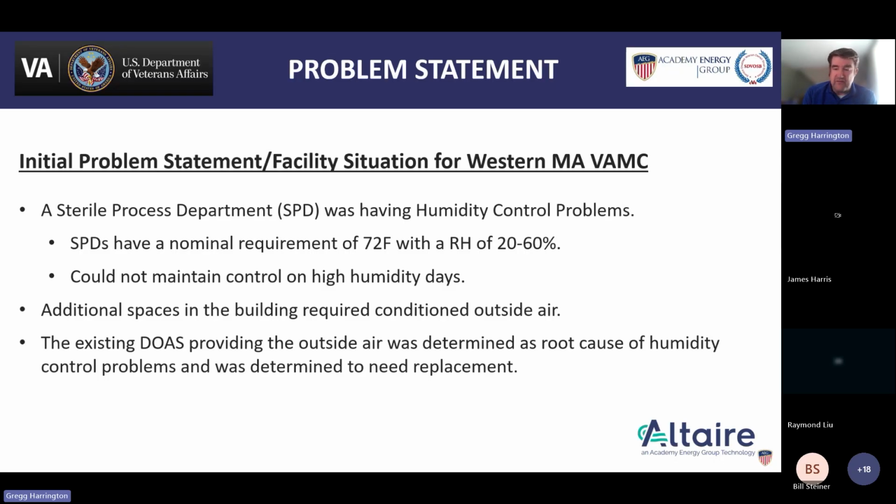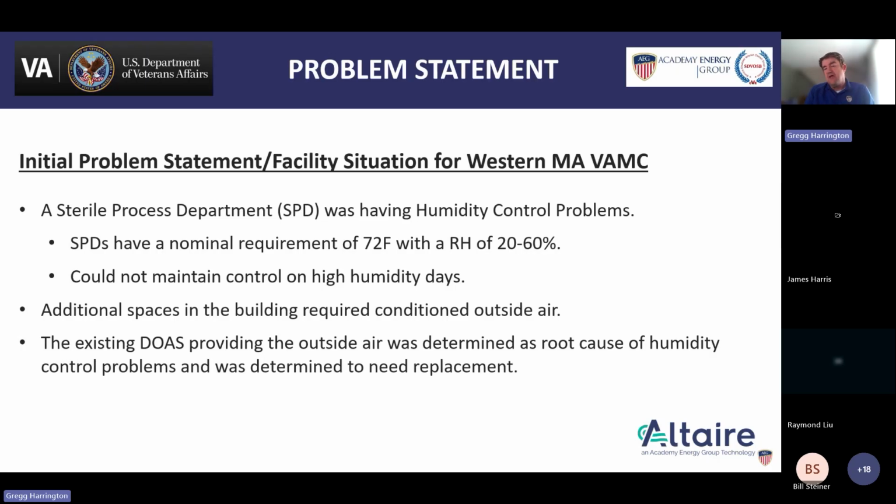But in this case, at the high points in the summer, with the current DOAS that they had on site, they had to continually shut down their sterile processing department because they could not condition the amount of humidity in that outside air and ensure that that sterile processing department met its operating requirements.